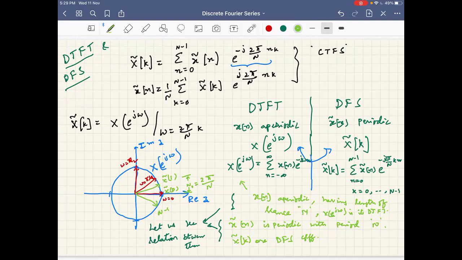So we are sampling N samples over the overall 0 to 2π region. These can be thought of as obtained by sampling 0 to 2π at N equidistant points, capital N equidistant points. Okay, sampling 0 to 2π on what?